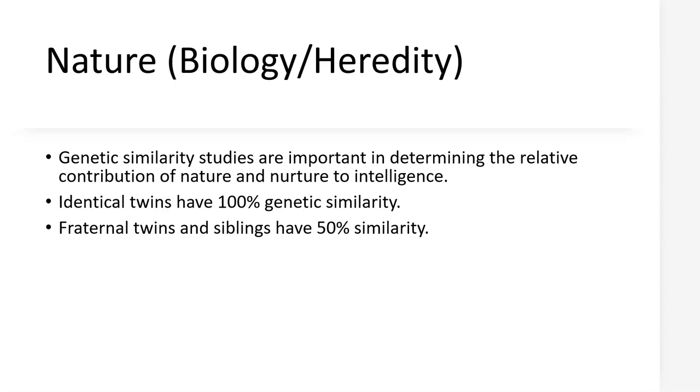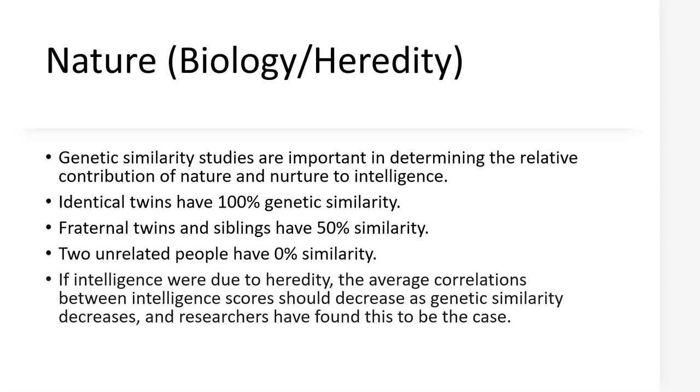Fraternal twins have 50%. Two unrelated people, 0. Now, if intelligence were 100% hereditary, the average correlations between intelligence scores should increase as the degree of genetic similarity increases. It should decrease as the degree of genetic similarity decreases. And this, in fact, has been found to be the case.